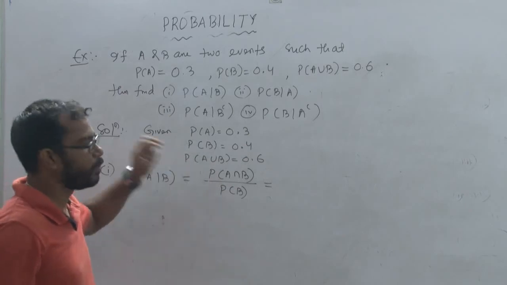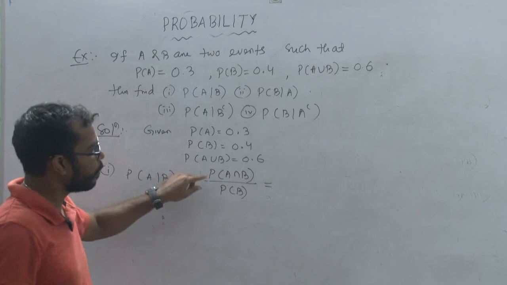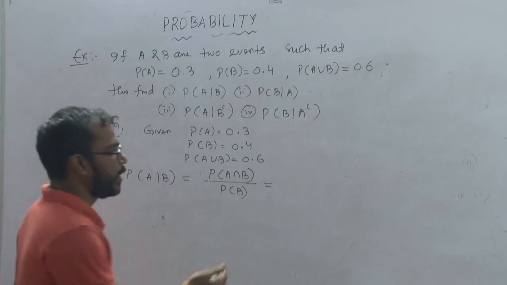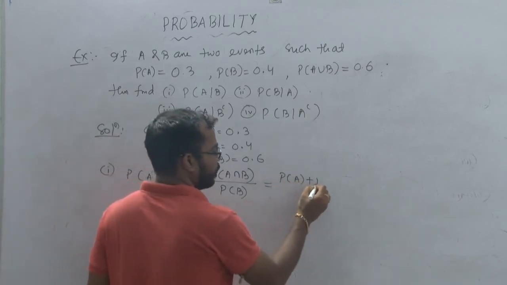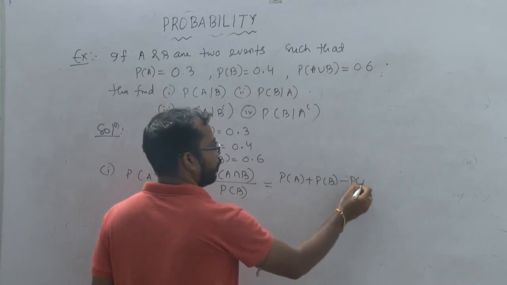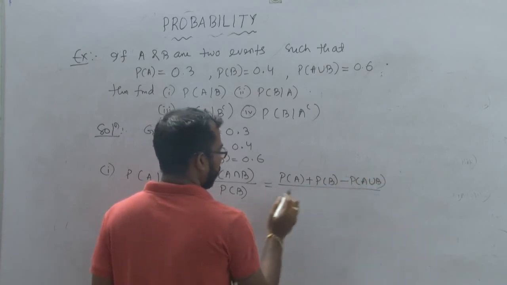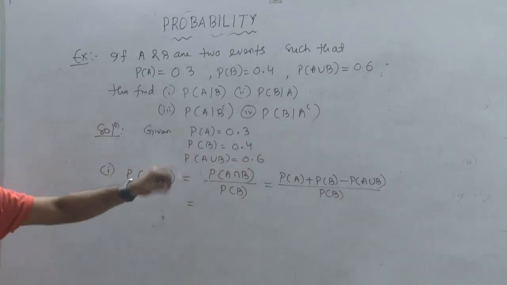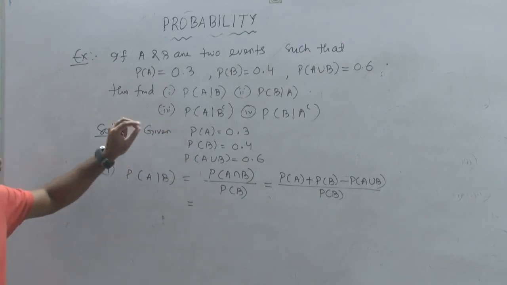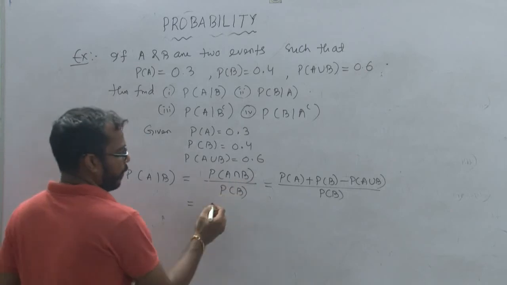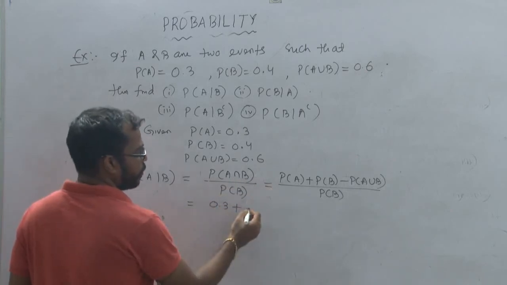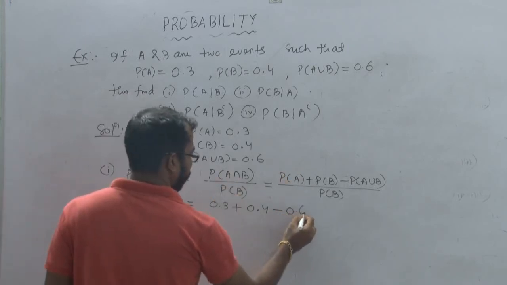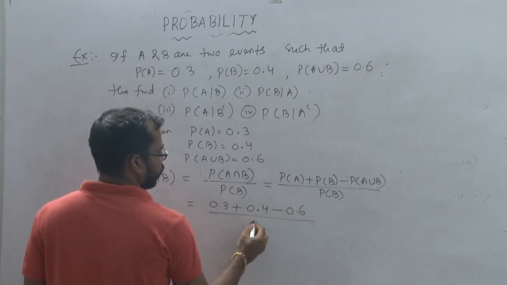No. So now we can use the formula of probability of A union B. As you know, the formula of A intersection B is P of A plus P of B minus P of A union B. All these values are given in this question, so we can put P of A, that is 0.3, plus probability of B, that is 0.4, minus probability of A union B, that is 0.6, by the value of P of B, that is 0.4.